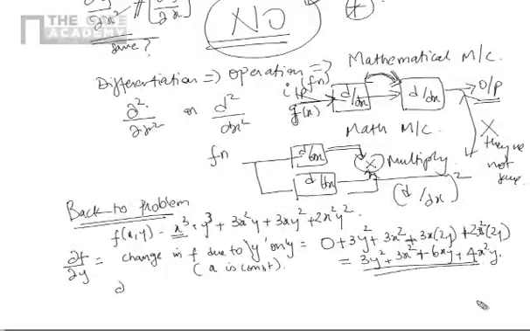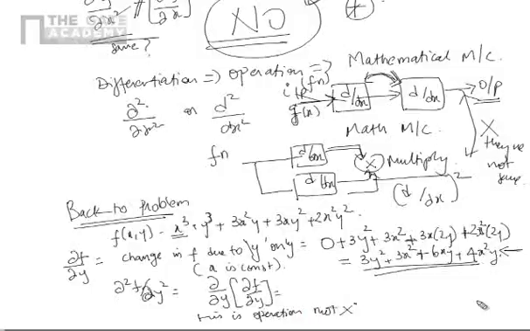Correct? So what is ∂²f/∂y²? This is nothing but ∂/∂y of ∂f/∂y. I am differentiating, that's what we are doing, right? This is not multiplying, this is an operation, not multiplication.